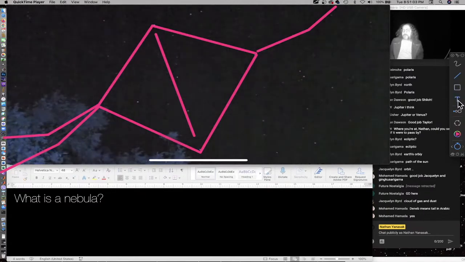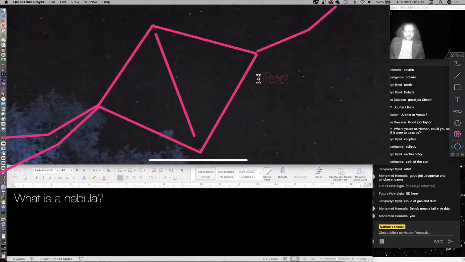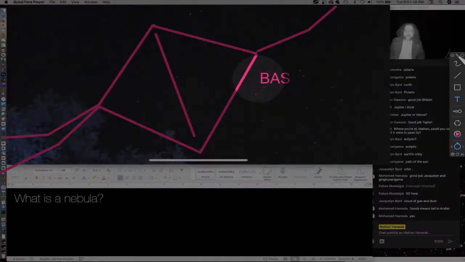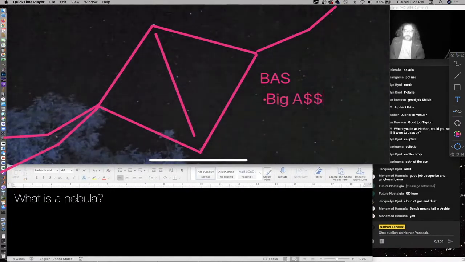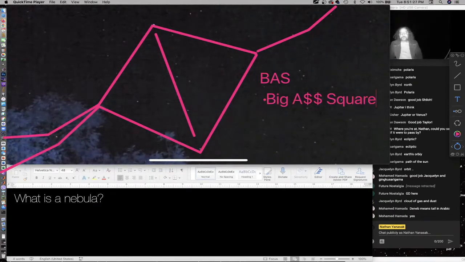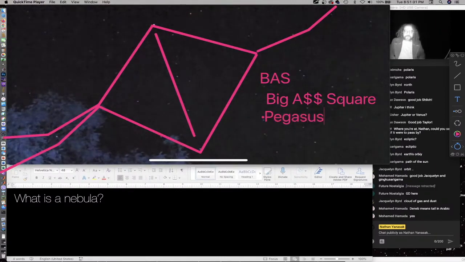So my own terminology, of course, but I refer to this part of the asterism as the BAS, otherwise known as the big ass square, otherwise known as Pegasus.